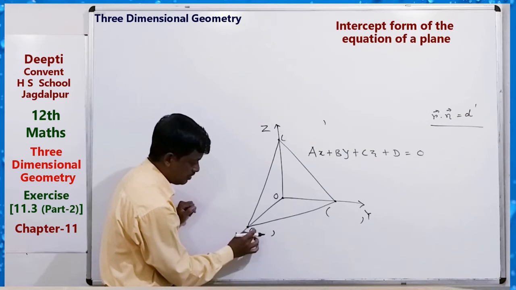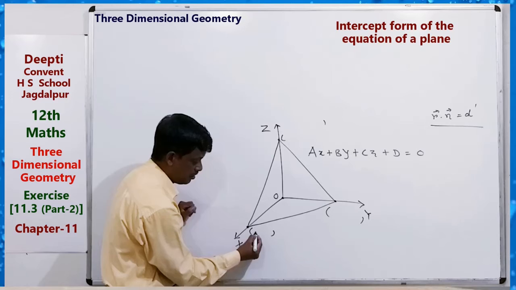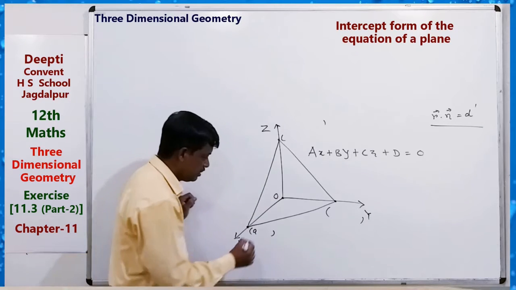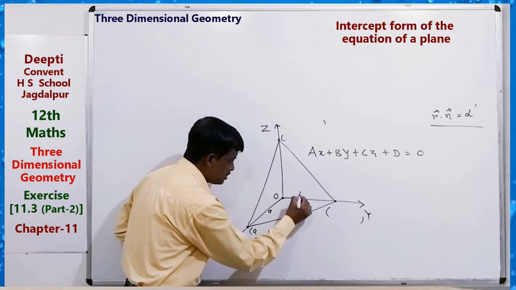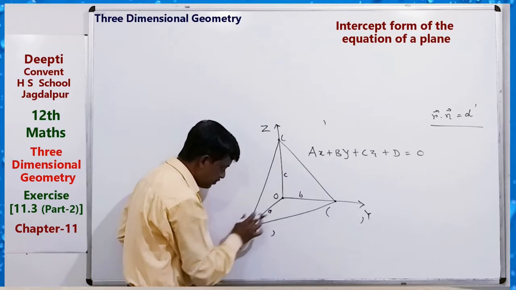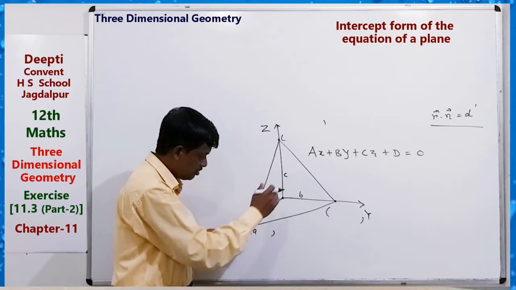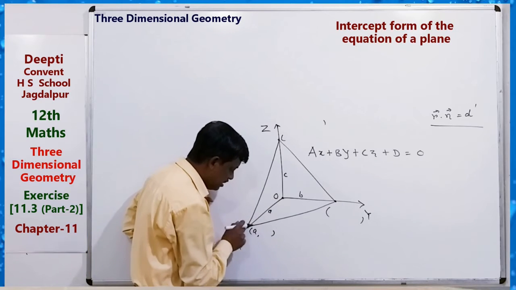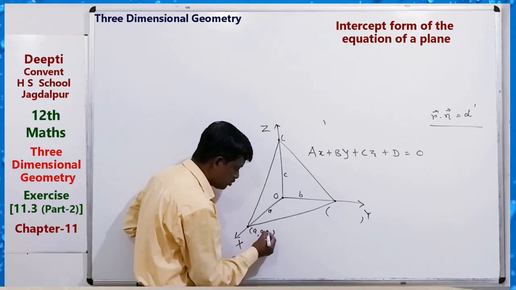Clear? Here, suppose this distance is a, this distance is b, this distance is c, where the plane is crossing. So this point is a, 0, 0, where y equals 0 and z equals 0.